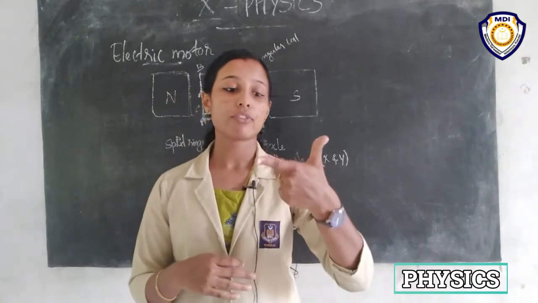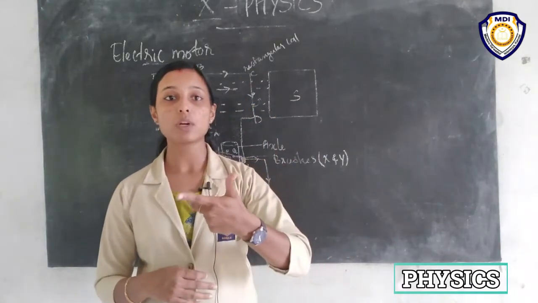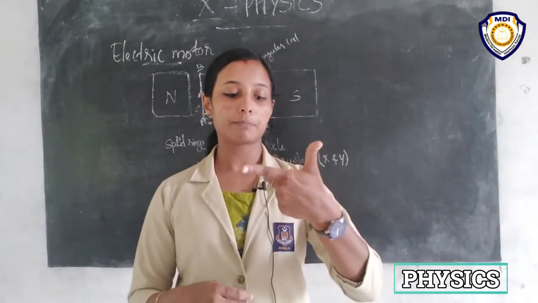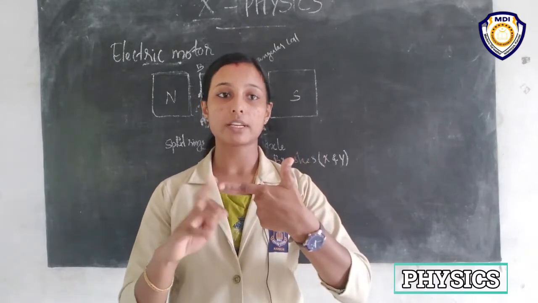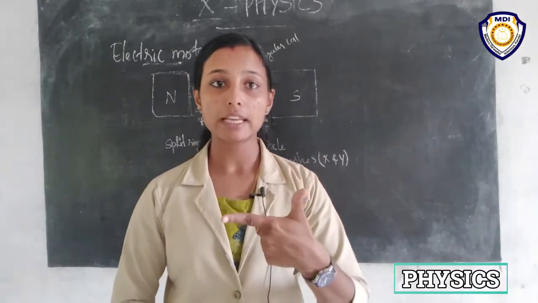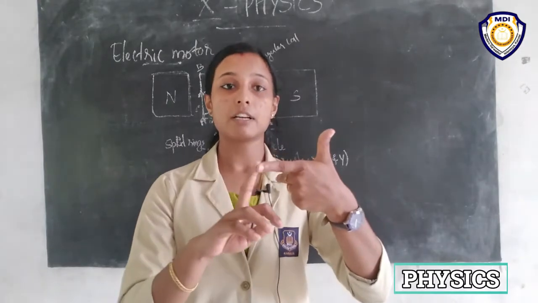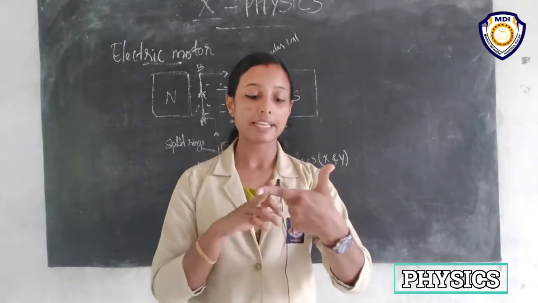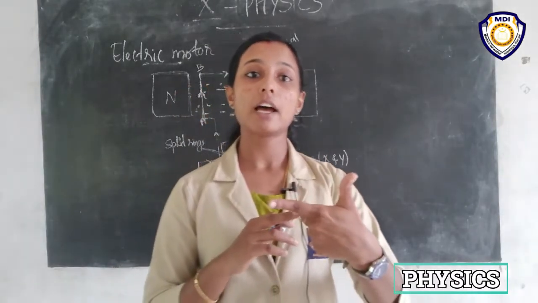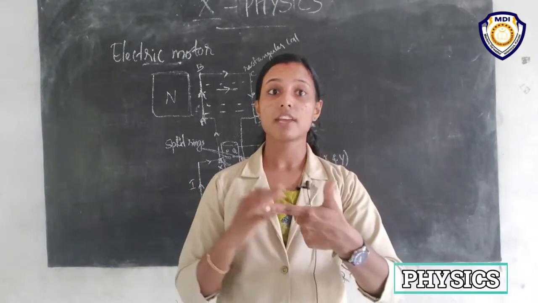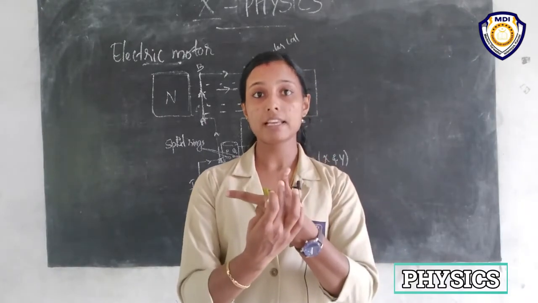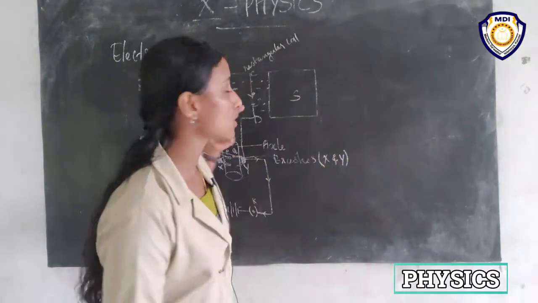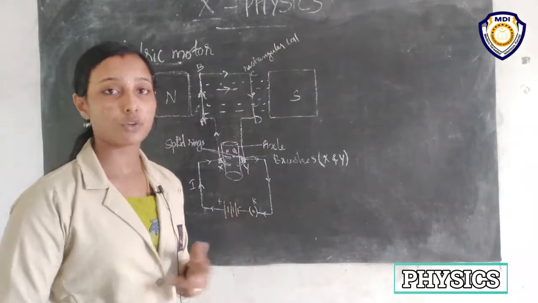If we take our left hand, we place our thumb, point finger and middle finger mutually perpendicular. The point finger represents the direction of magnetic field, the middle finger represents the direction of current, and the thumb represents the direction of force. So we can use this rule to find the direction of force.